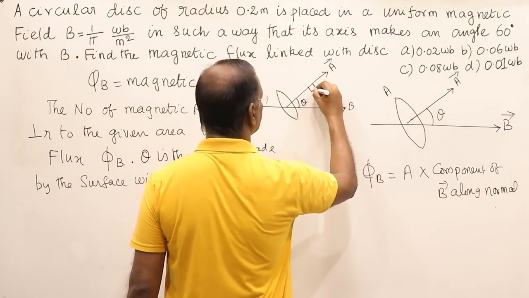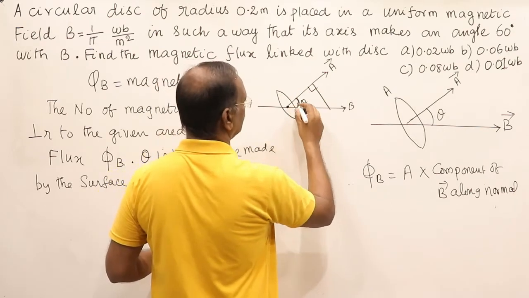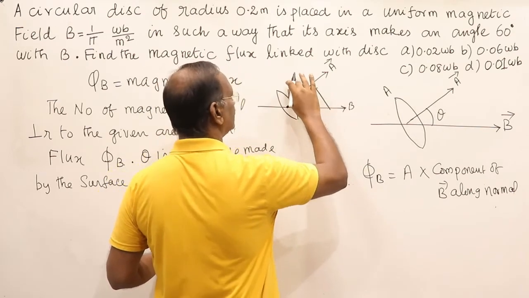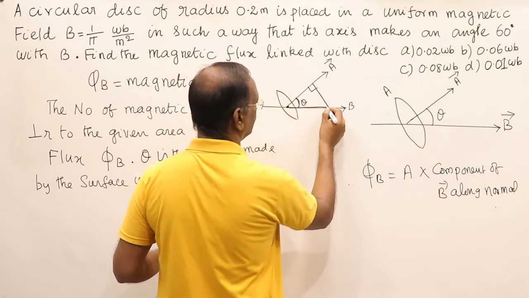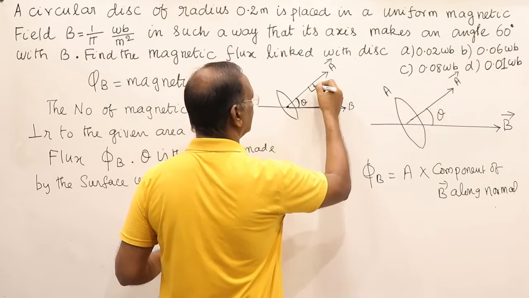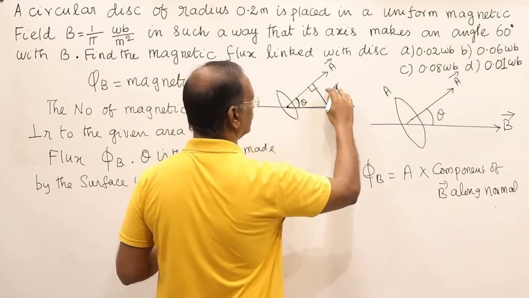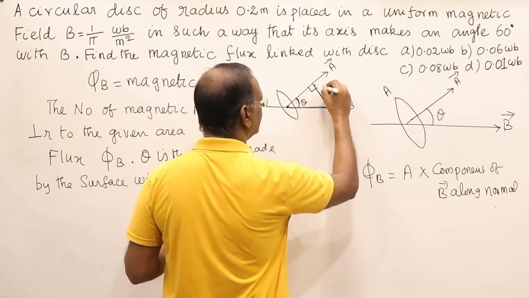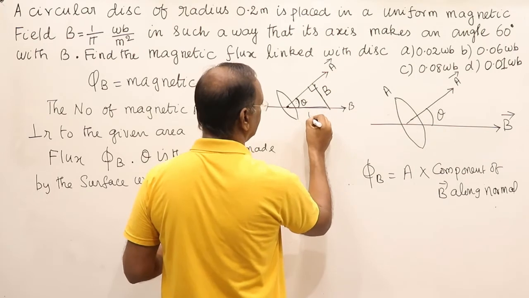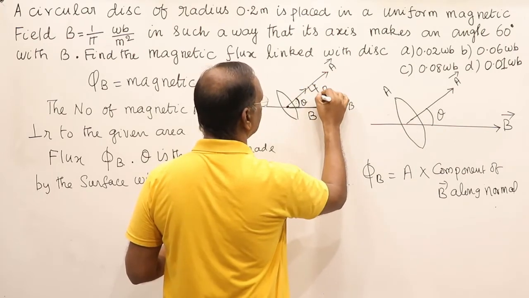This is 90 degrees and this is theta; this is the opposite side, this is the base adjacent side, and this is the hypotenuse.